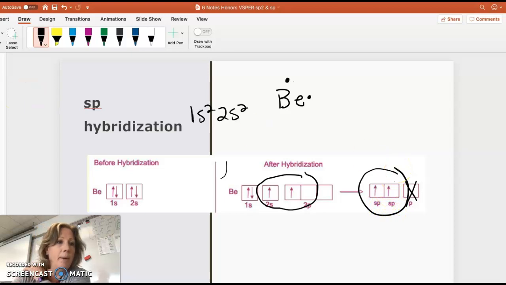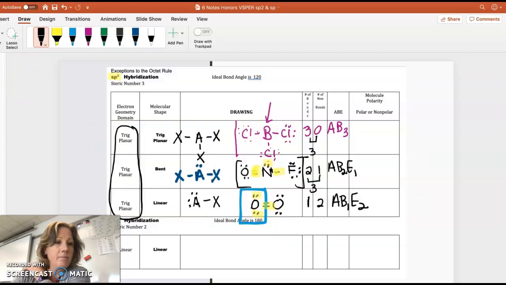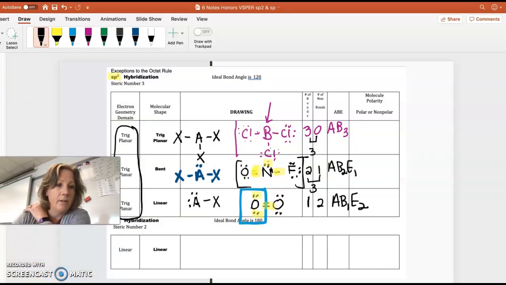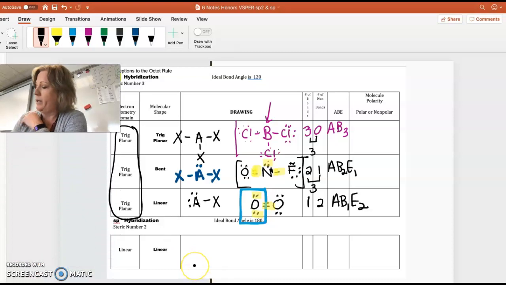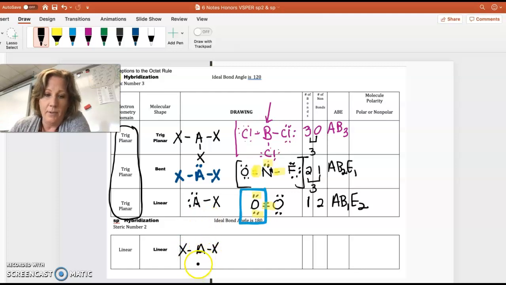So let me go back to this. I need to move my picture. Okay, so it could look like this. So 2 bonds, no lone pairs. It could also be 2 double bonds, again, 2 bonding areas, no lone pairs.